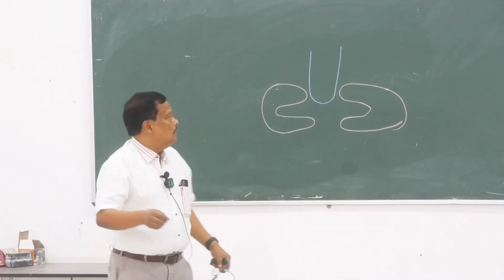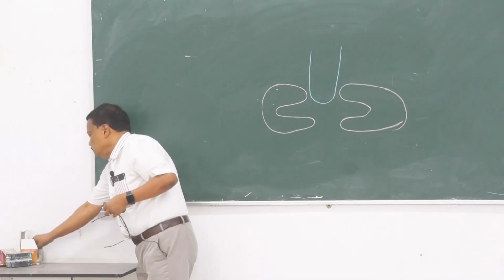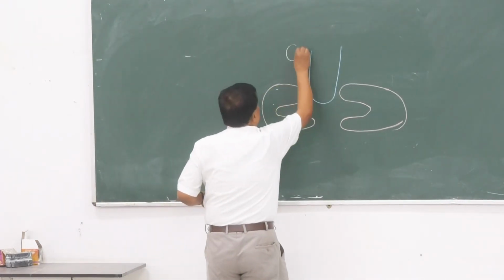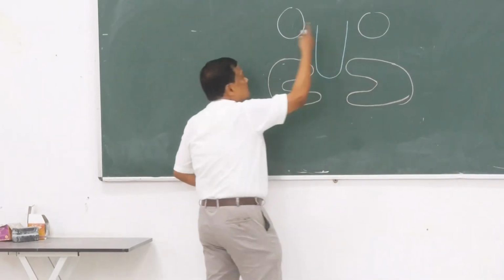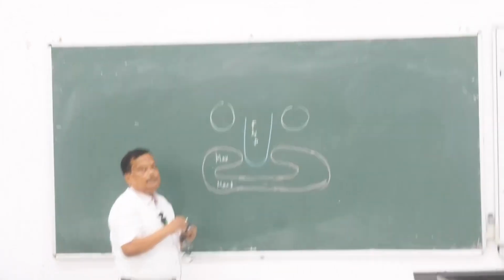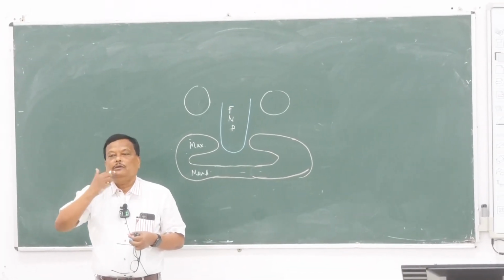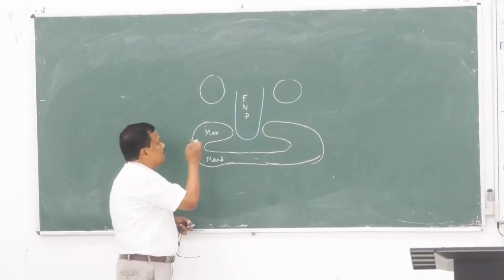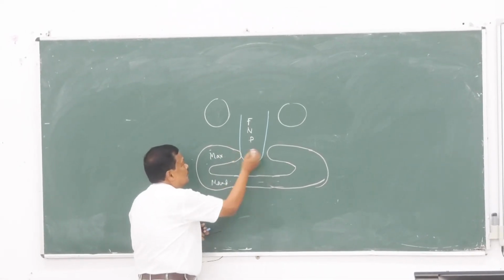In this way, here the eye will develop, and the mandibular process forms the lower jaw, lower lip, etc. The maxillary process grows and hits the frontonasal process and joins here.